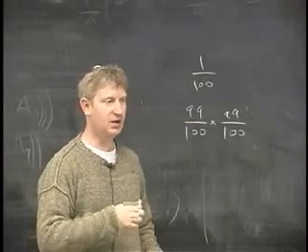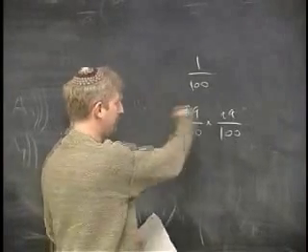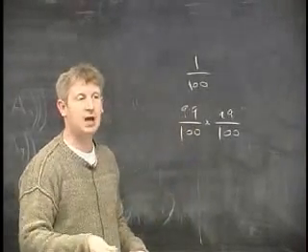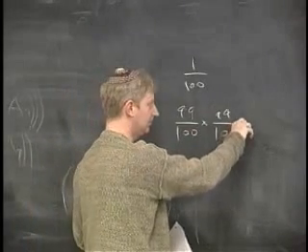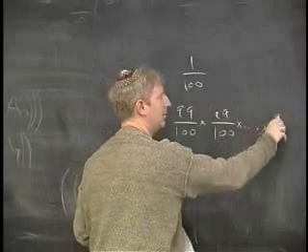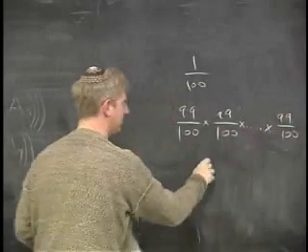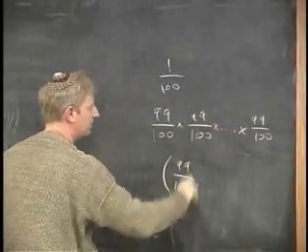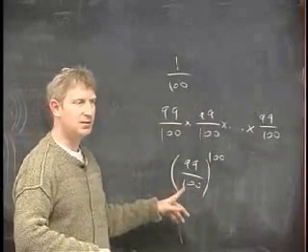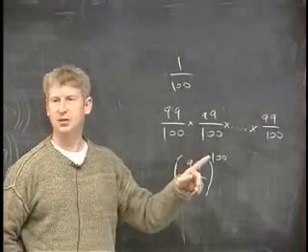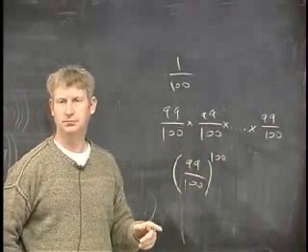Okay? What's the probability, or the number of times I'll miss, if I do it 100 times instead of twice? I'll write this out. 99 over 100 to the 100th. This represents the chance that I will actually miss 100 times in a row.